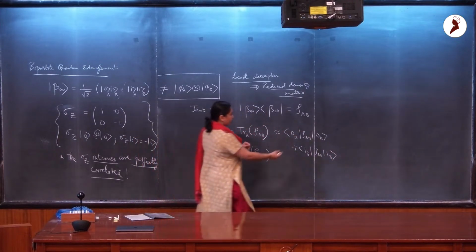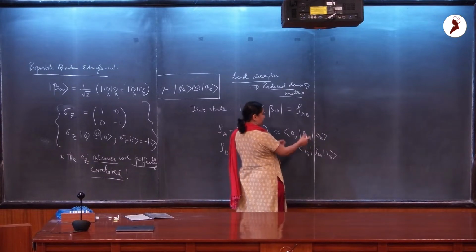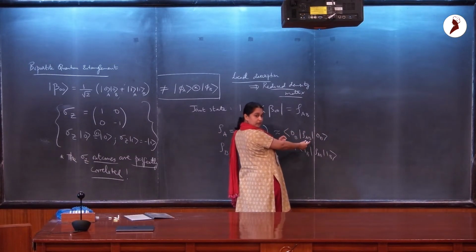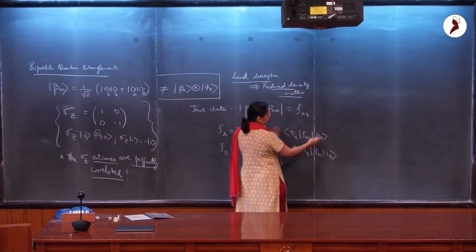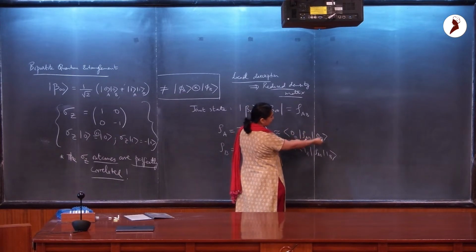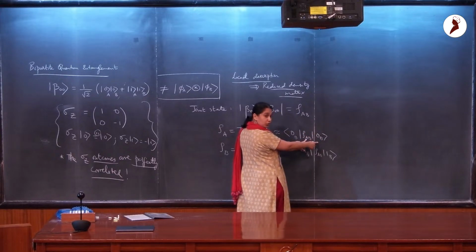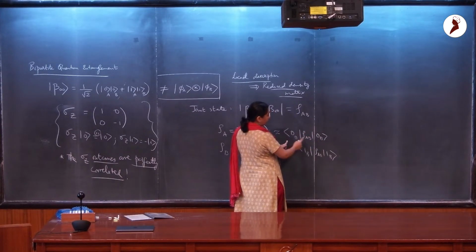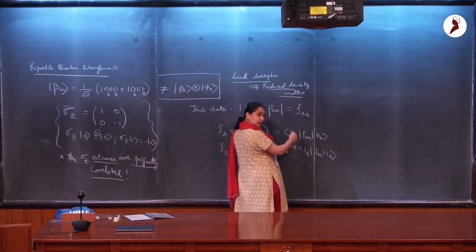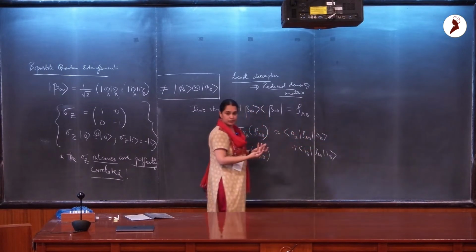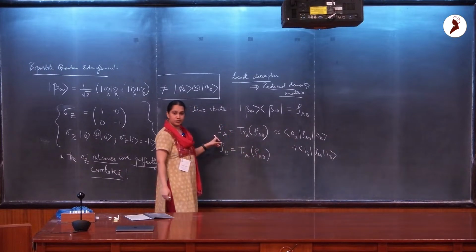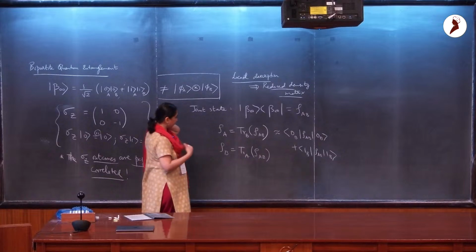Remember, this is a state of C2 tensor C2. I'm acting it on a ket vector which is only on a single C2 system. On this side, it's acting on a bra vector on a single C2 system. So what I should be left with is an operator on a single C2 system, and that is this reduced density operator.